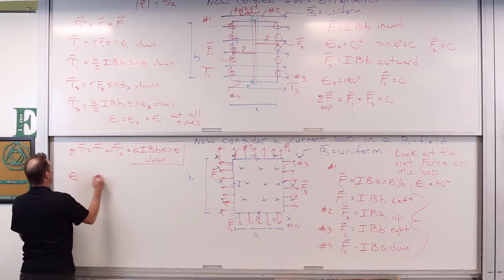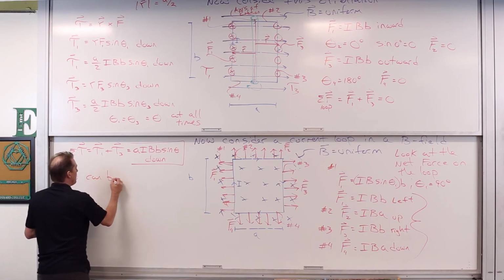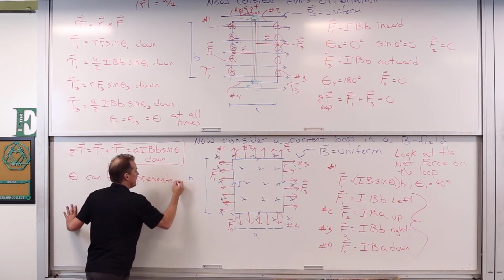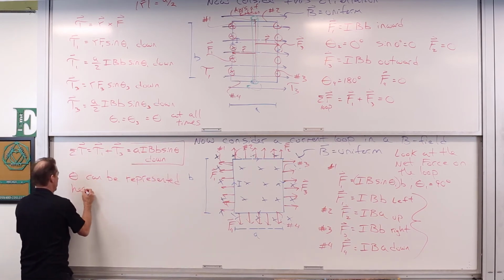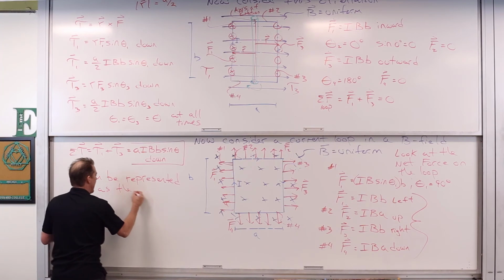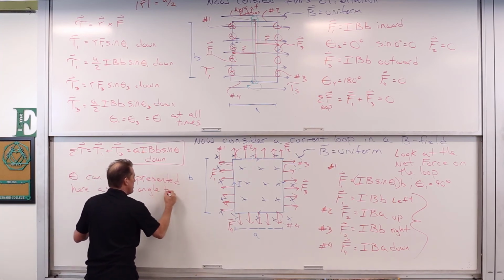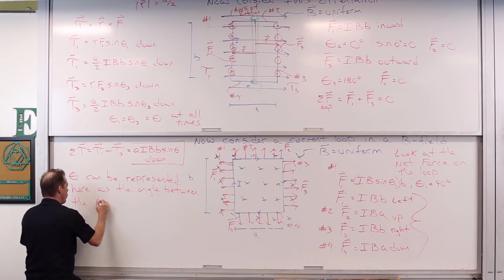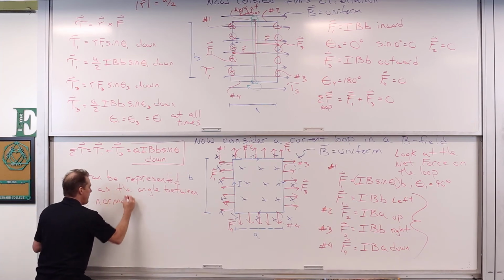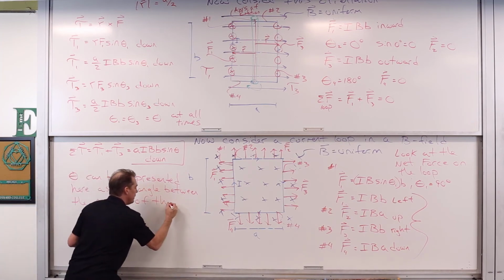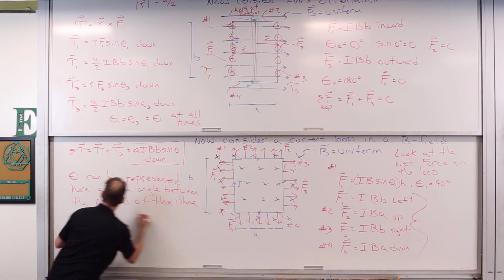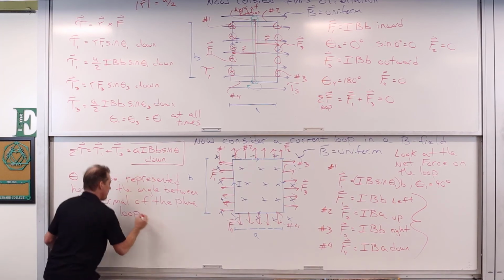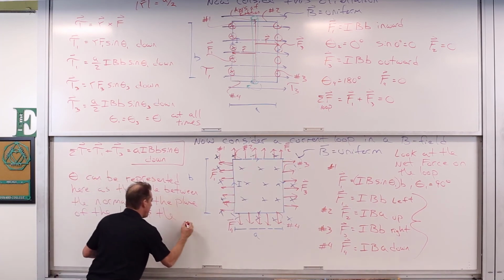So theta can be represented here as the angle between the normal of the plane of the loop and the magnetic field.